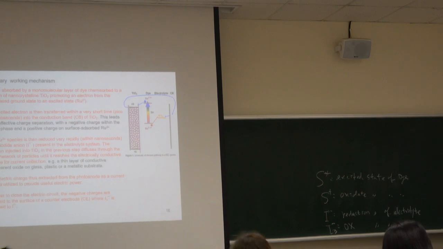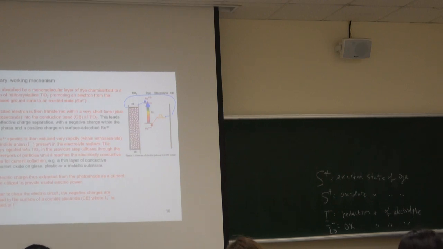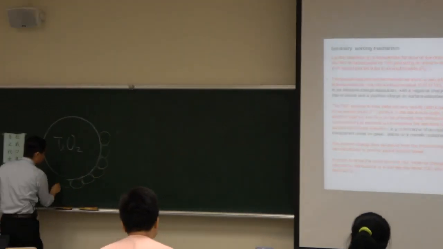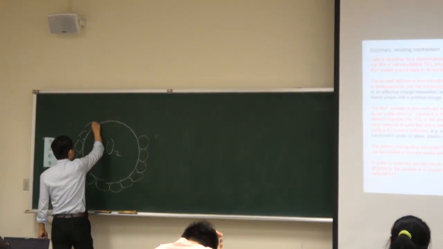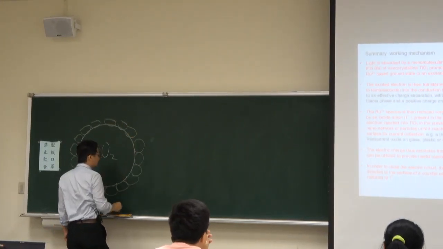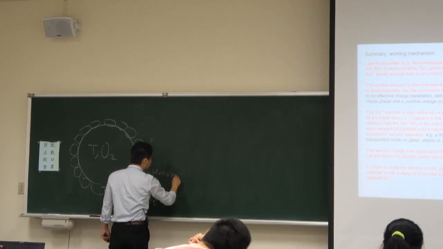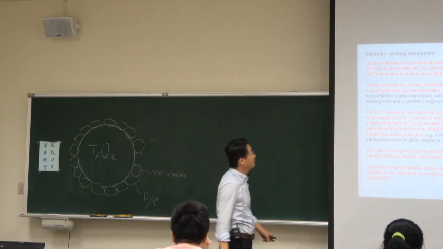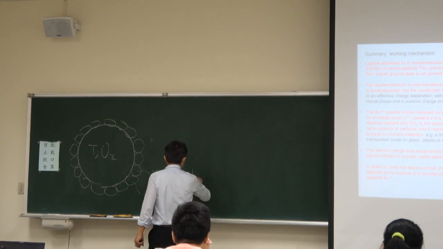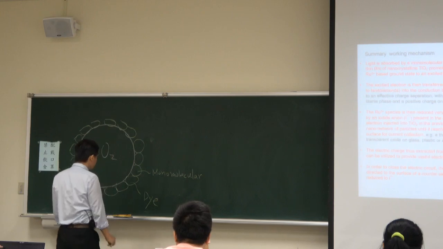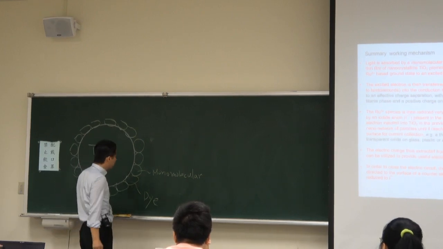For example, this is the particle of TiO2, and here the dye is a monomolecular layer. Why do we need a monomolecular layer?